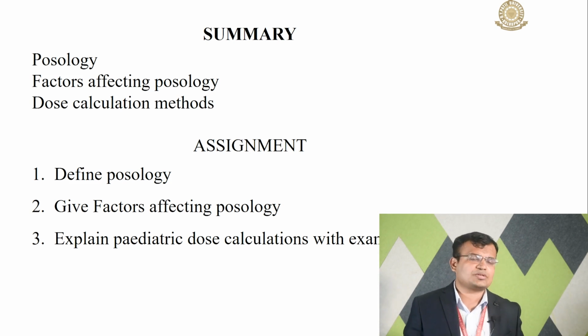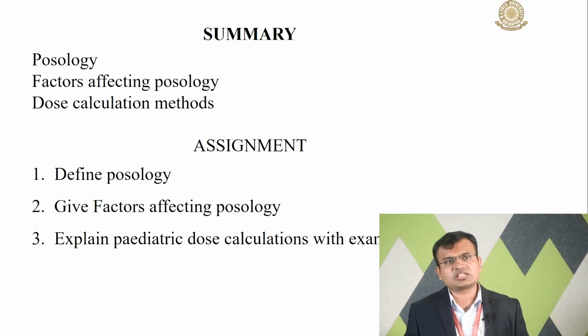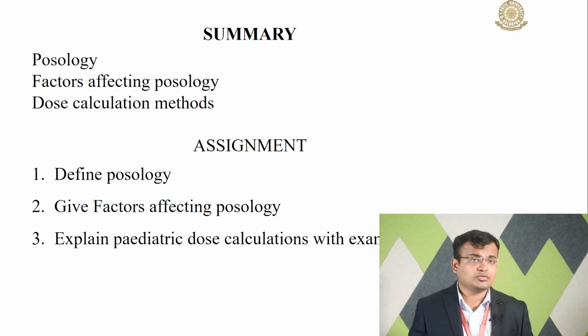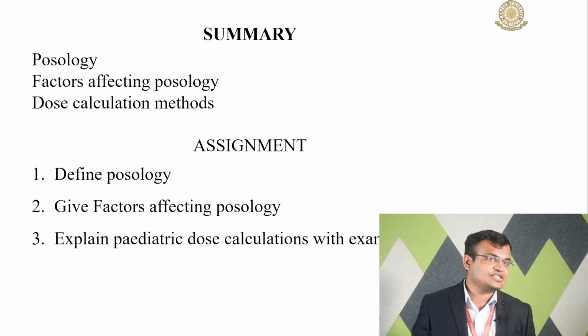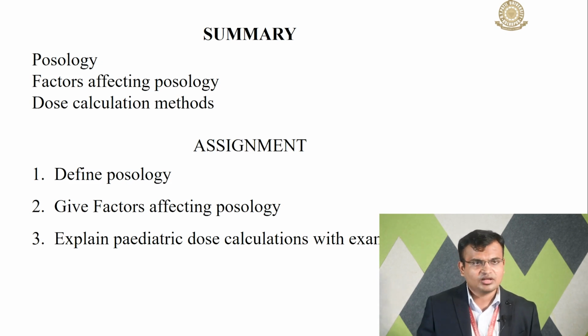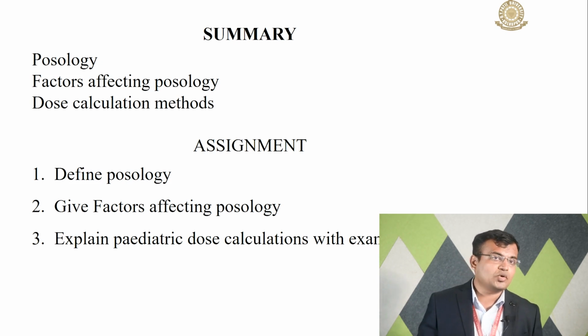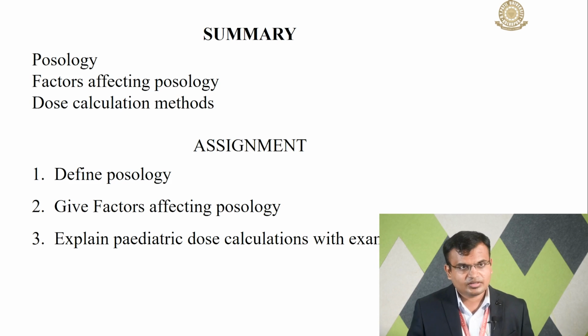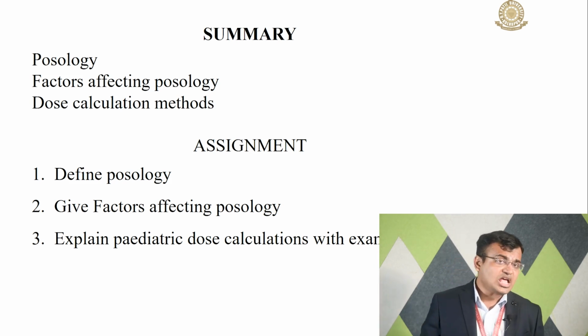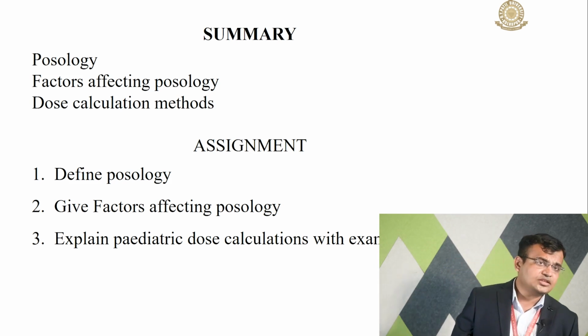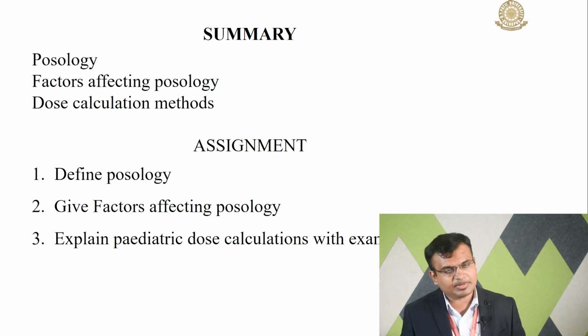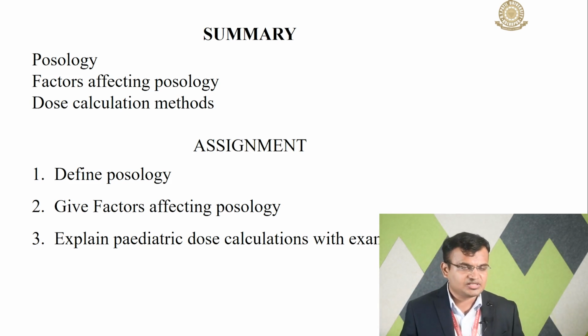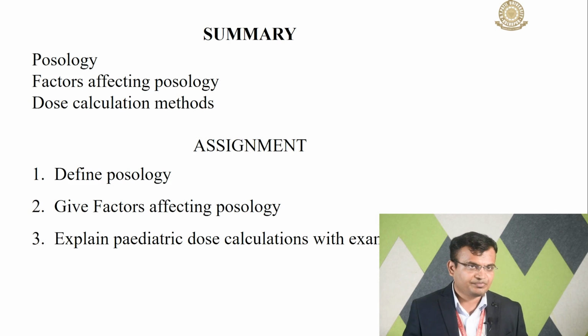For instance, if the question is asked as a long answer, for 10 marks, then you should give all the factors, at least 10 factors which play an important role in the dose calculation. And the last one, you should explain the pediatric dose calculation with some examples. What are the expected examples? That is the different formulas that we have gone through, from Young's formula to Clark's formula.